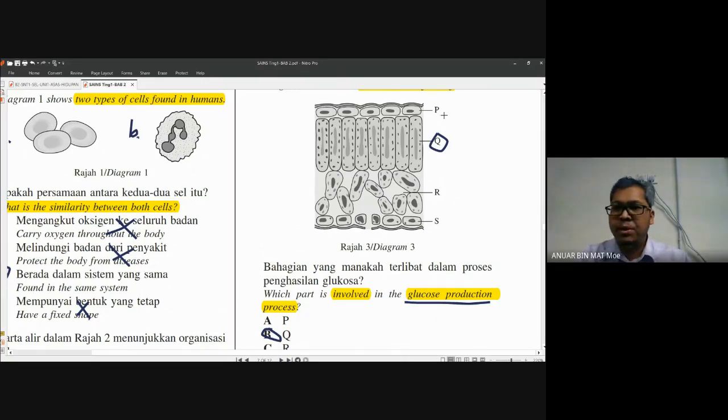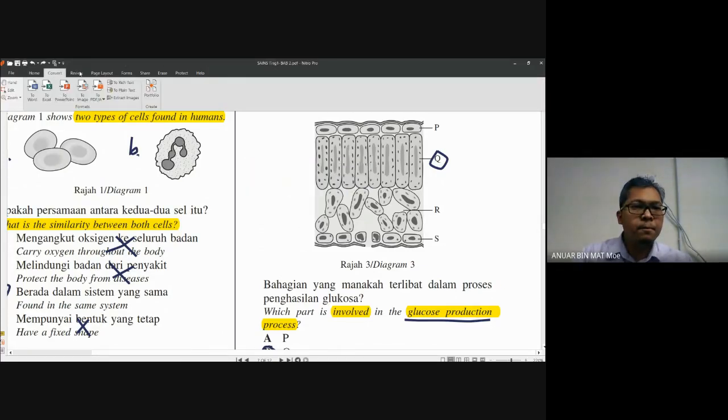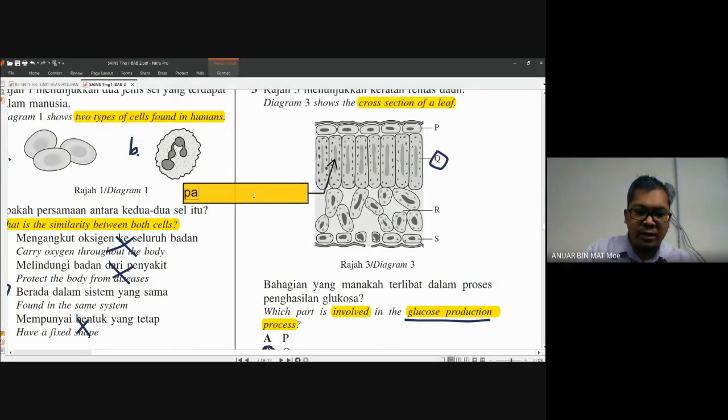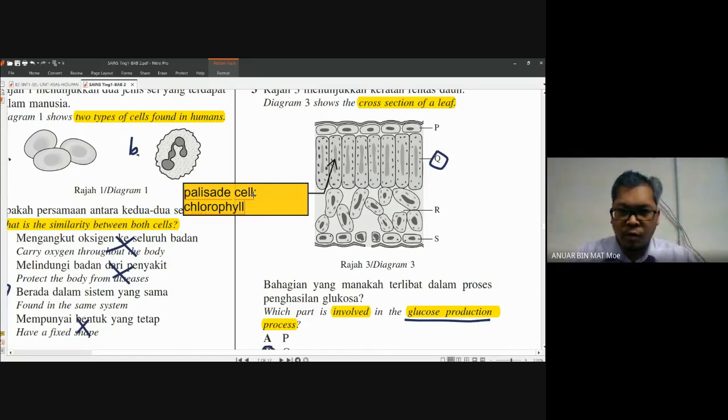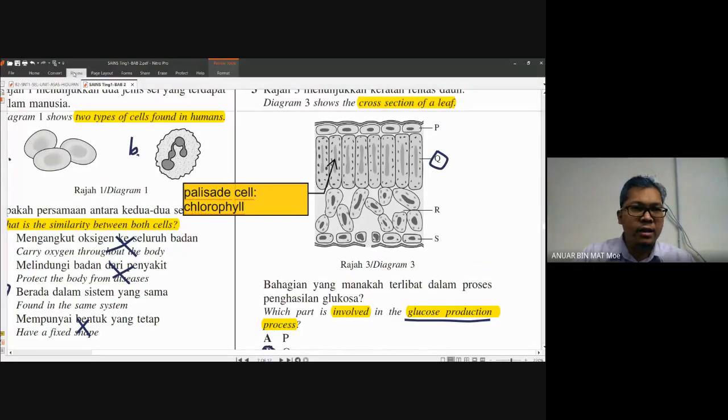Q, this is palisade cell, and it contains chlorophyll. P is what? P is epidermal cell.